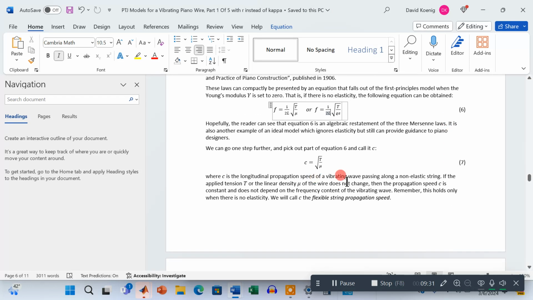All right, here's equation 7. c, the speed of propagation for a flexible string, is equal to the square root of the tension divided by mu, the linear density of the string.